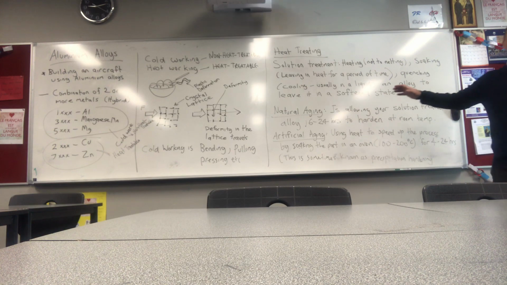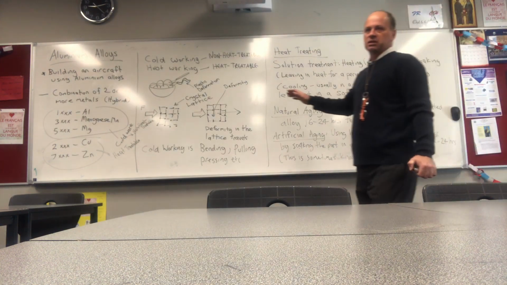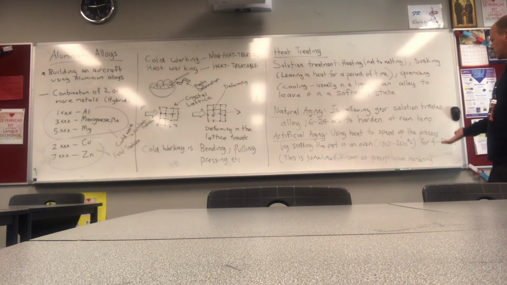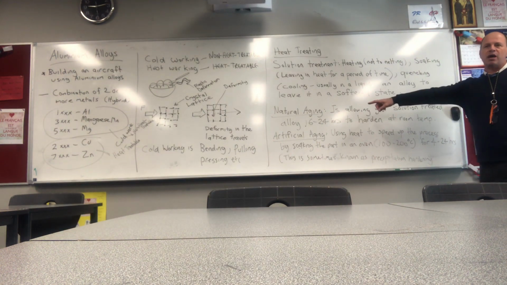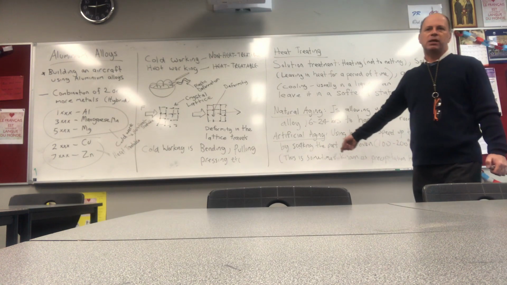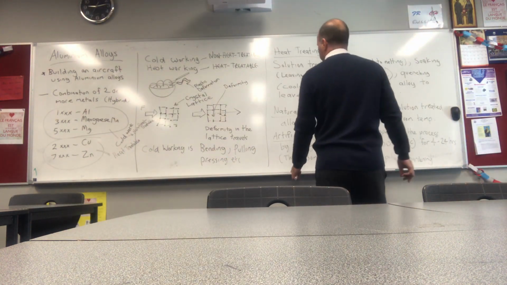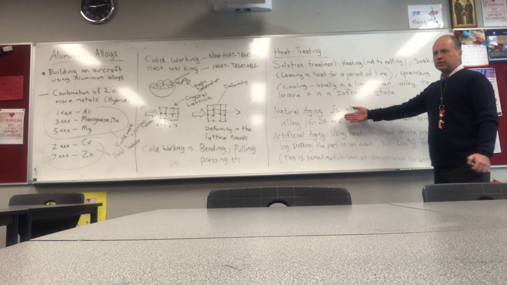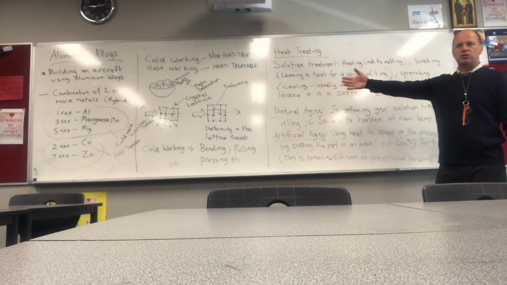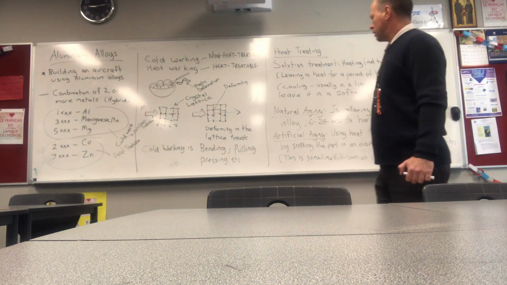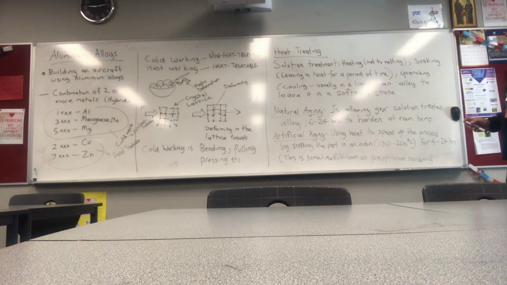Don't quote me on that. Okay, but there is a difference, and that's why there'd have to be a difference, because it wouldn't be for the sake of waiting, because you're heating in the oven for the same period of time as a natural aging process, so there must be an advantage to it. Okay, obviously some things will age naturally and come to the required strength, and they've obviously discovered with certain alloys that you can't do that. Okay, but there is a difference, obviously.